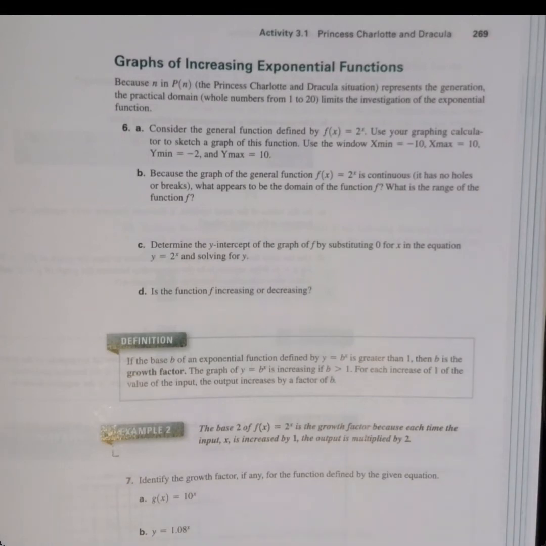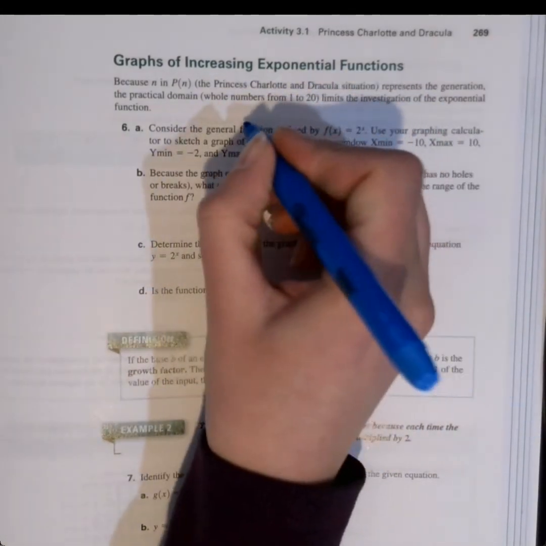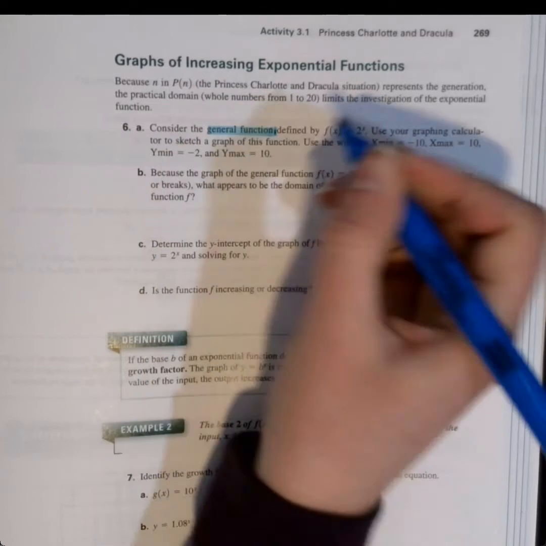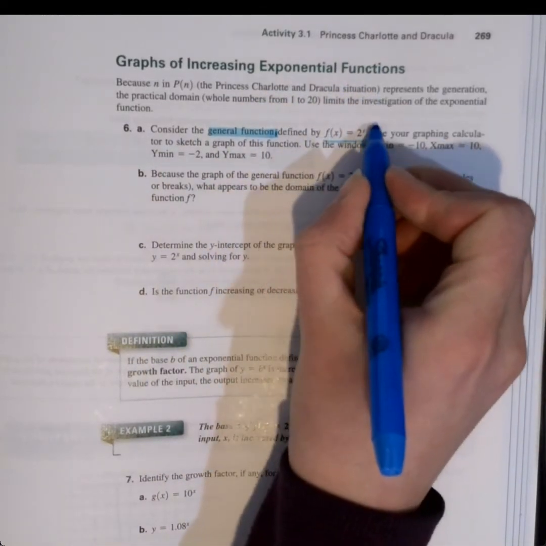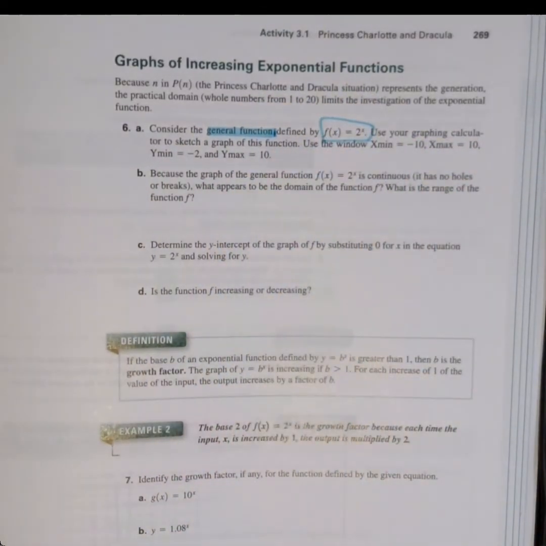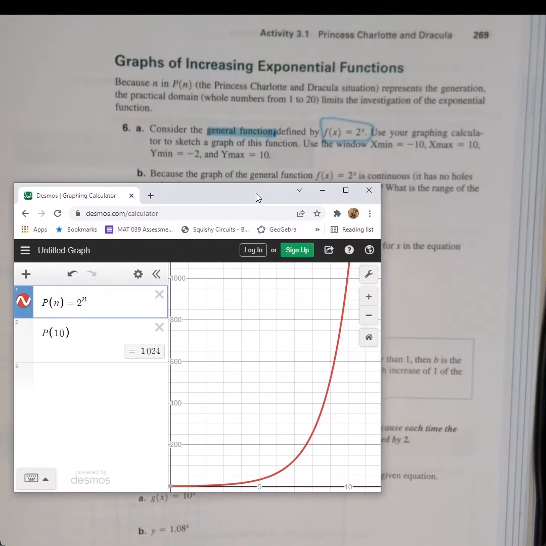Now, we're going to go back and look at that same function, but in its general form. So we're still looking at the 2 to the x function or 2 to the n function, but we're getting rid of context. Now we're looking at it generally. We've already looked at the sketch of this.